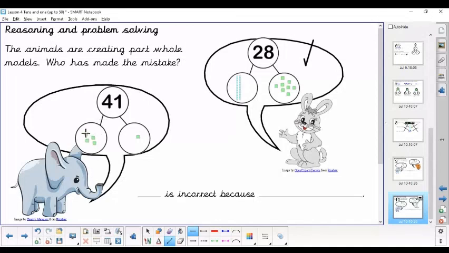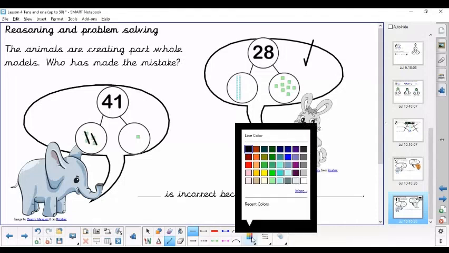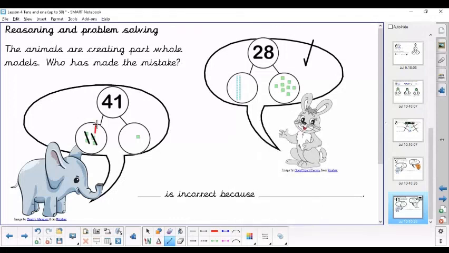What we needed, we get rid of these. What we needed was to have 4 tens. So I'm just going to write it here. 1, 2, 3, 4. And how many ones do we have? 1. So the elephant is incorrect because they used the ones Dienes blocks to represent 4 tens.